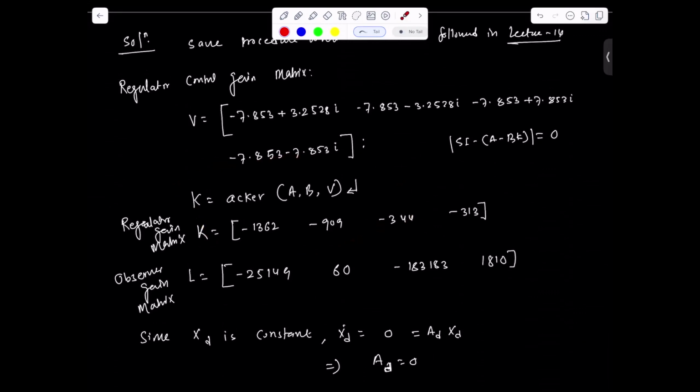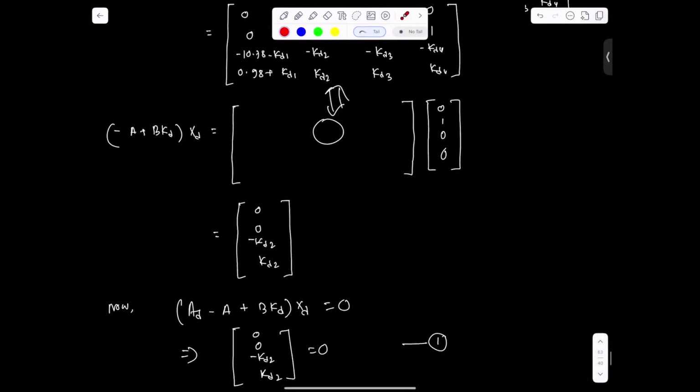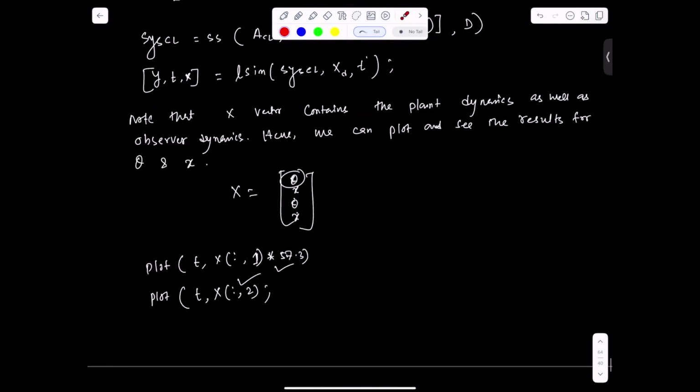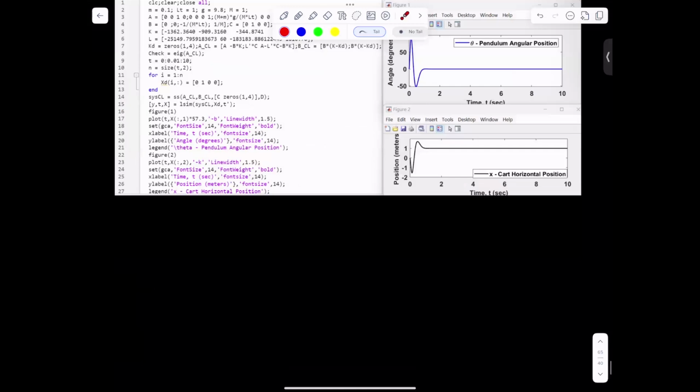Or we can choose new regulator poles, maybe very close to the imaginary axis. Let's look at how we can change the poles and get the desired result for the pendulum position.